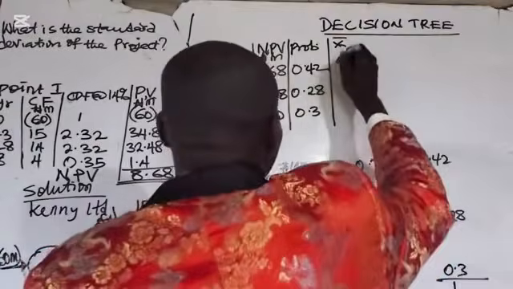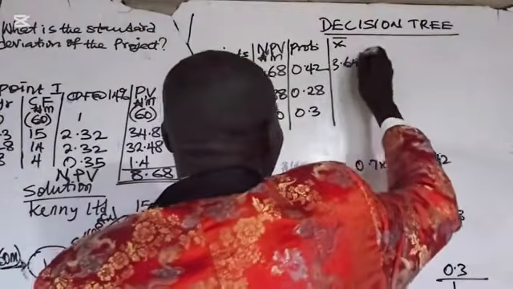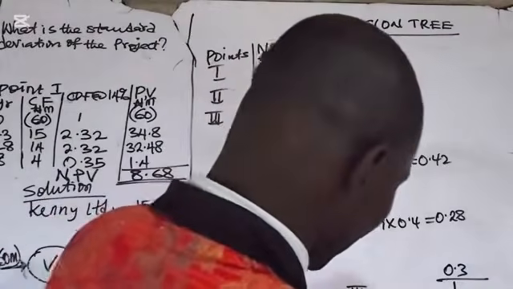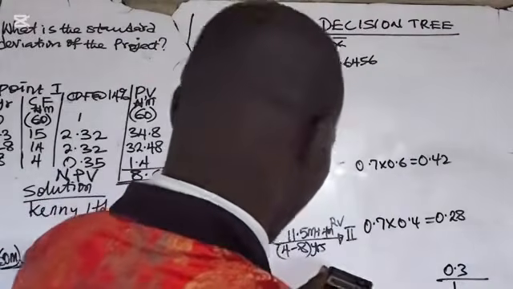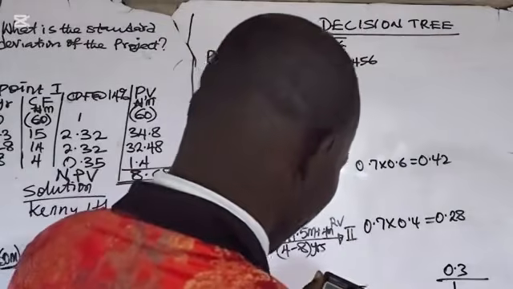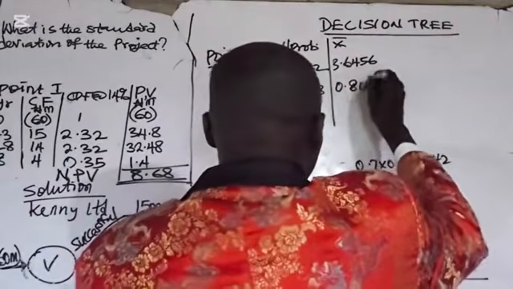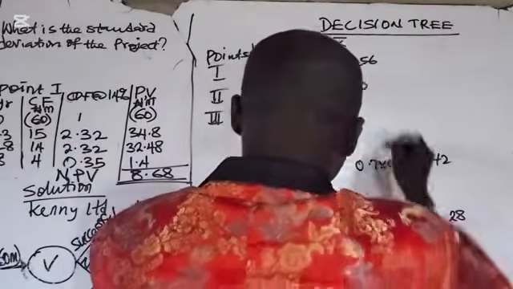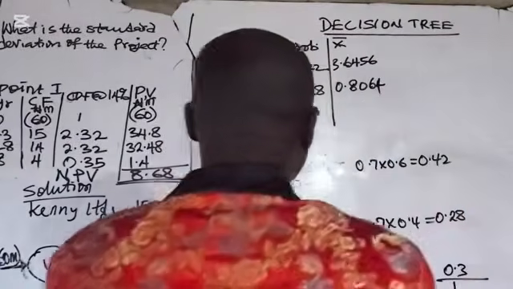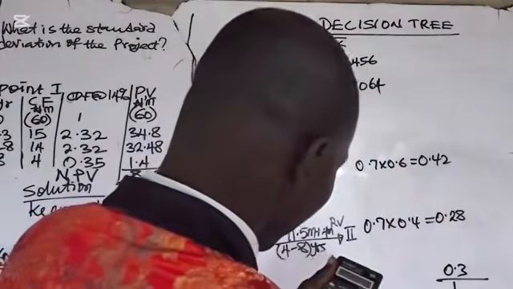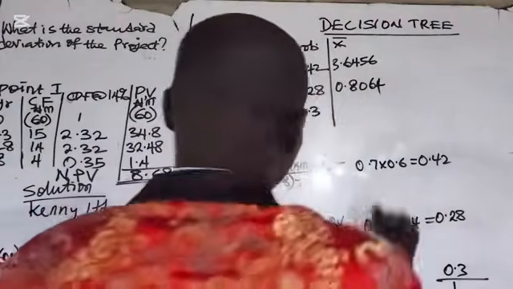So that is 3.6456. The second one is 2.88 times 0.28, and that is 0.8064. Then the third one, minus 10 times 0.3, that is minus 3.